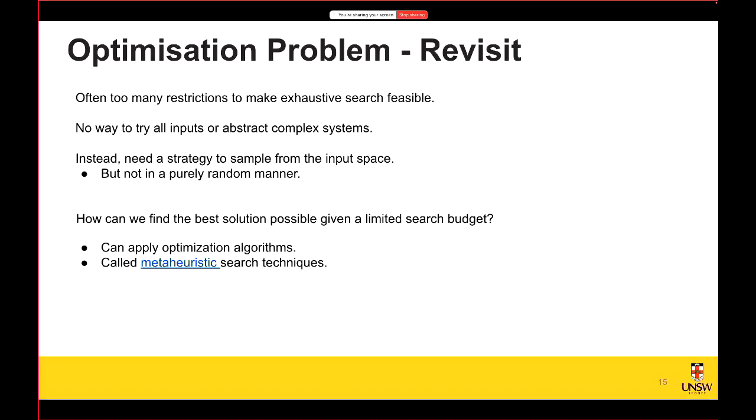Meta-heuristic just allows us to know that, okay, we are moving towards the correct direction, but we don't know how good we are. So that is meta-heuristic: we don't need to know exactly how good we are.